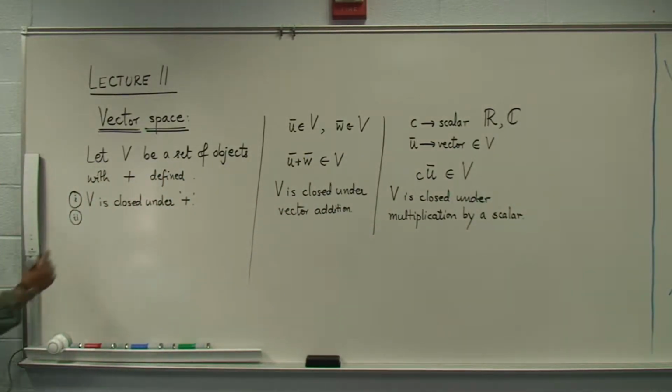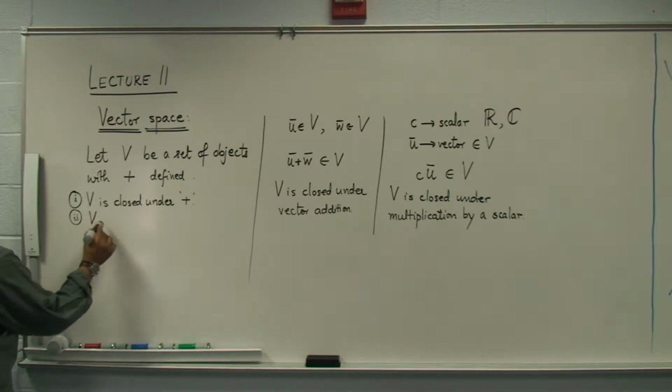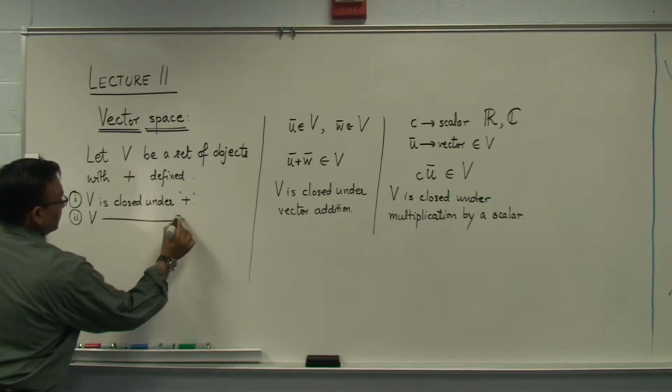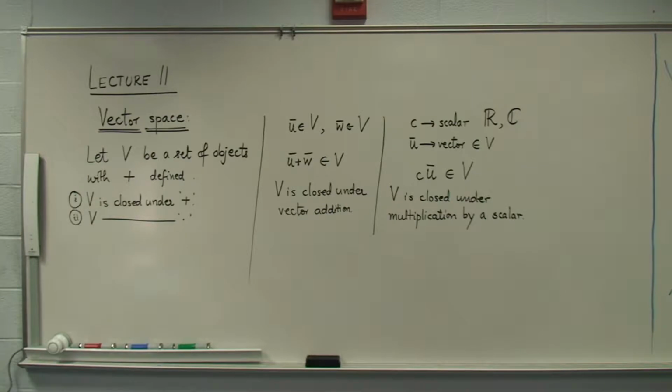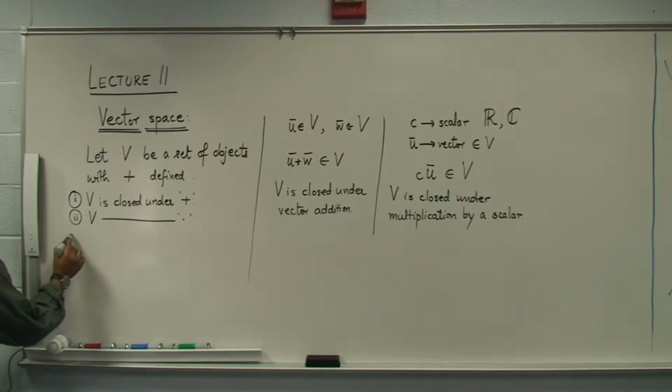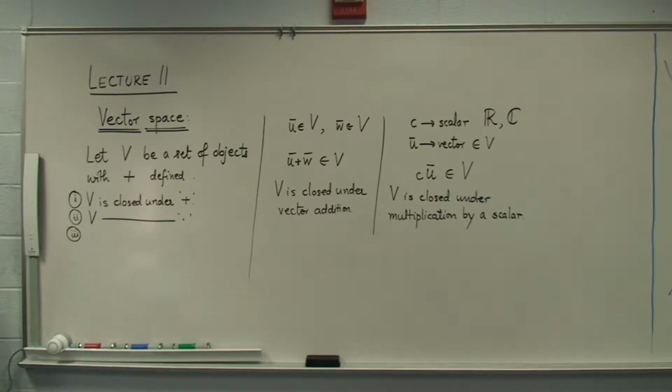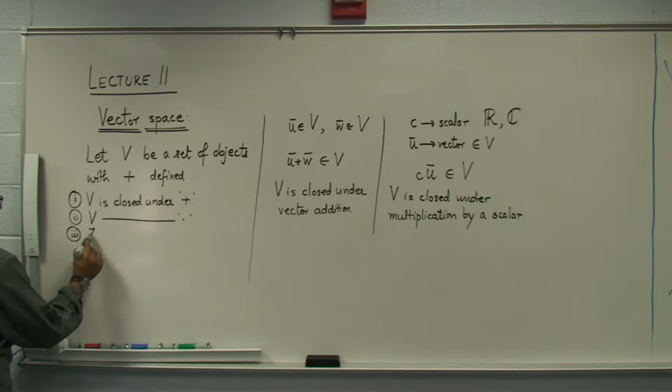So suppose I have a set which is closed under multiplication by a scalar, which is closed under addition among vectors, and it has a bunch of other properties which we will go through one by one. And it has something called a zero element.